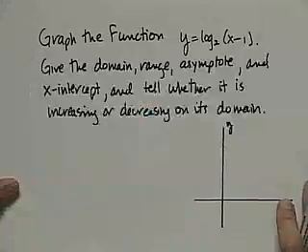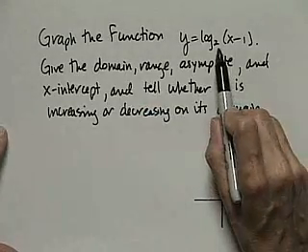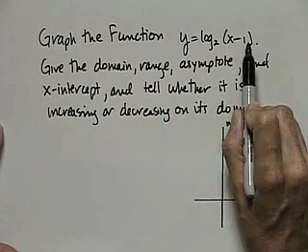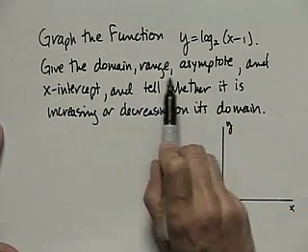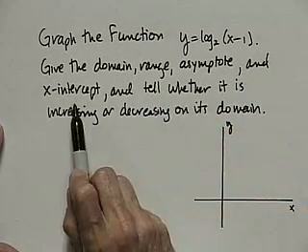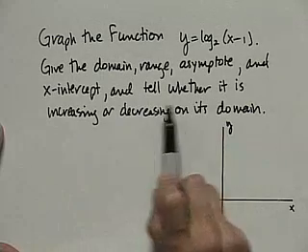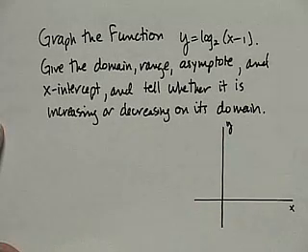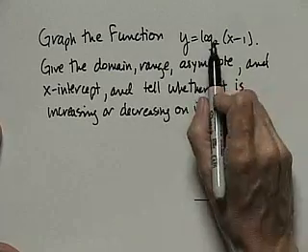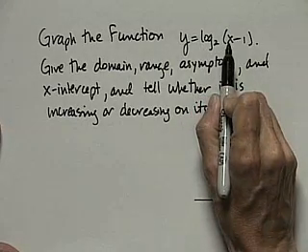Well, let's use some of this information to work an example. What we want to do is graph the function y equals log base 2 of x minus 1. We want to give the domain, range, asymptote, and x-intercept of the function and tell whether it is increasing or decreasing on its domain. Well, we graphed log base 2 of x.